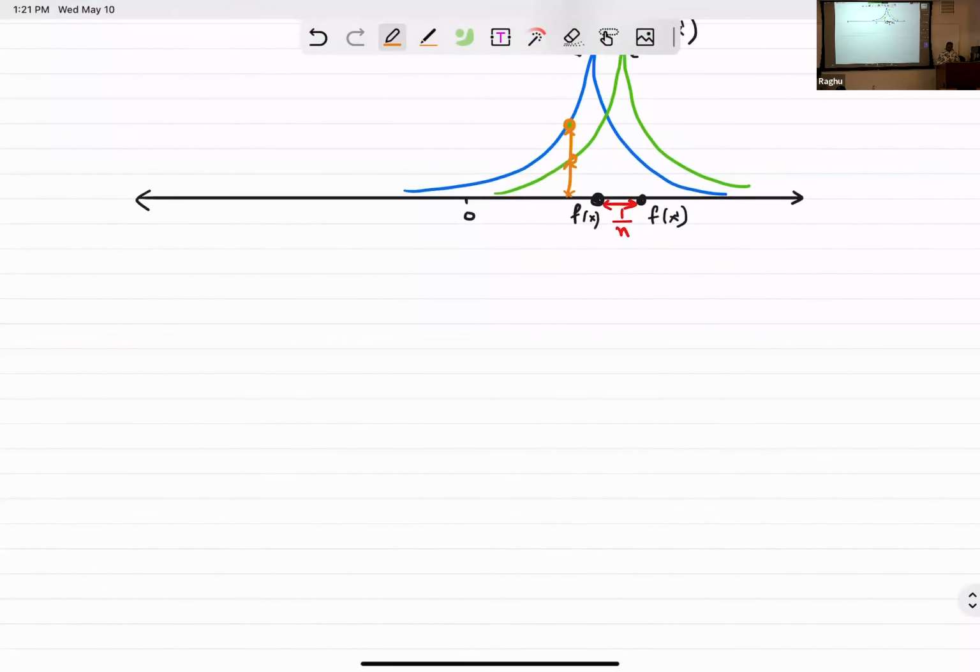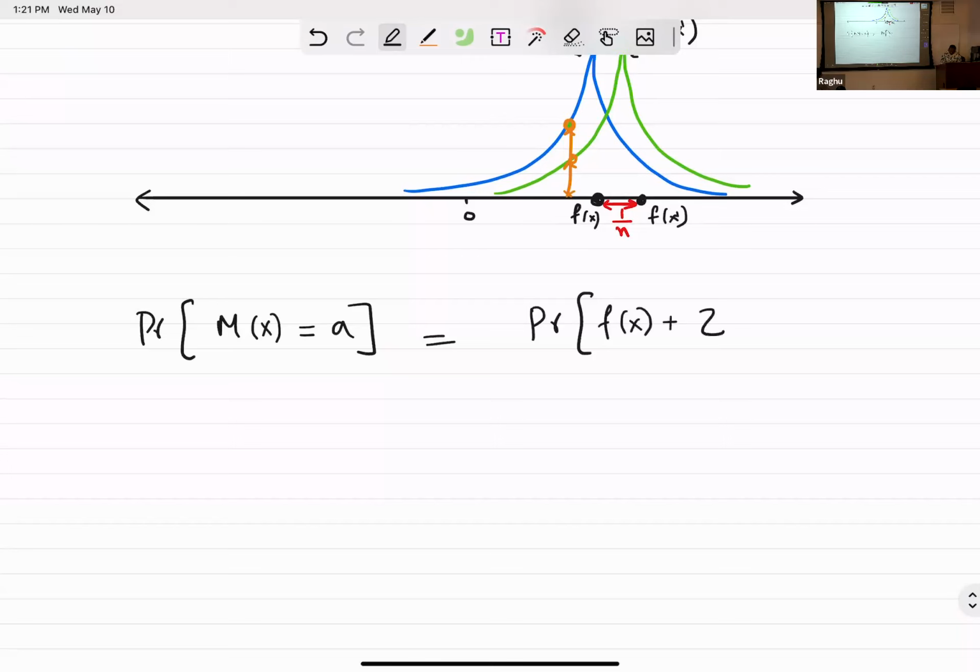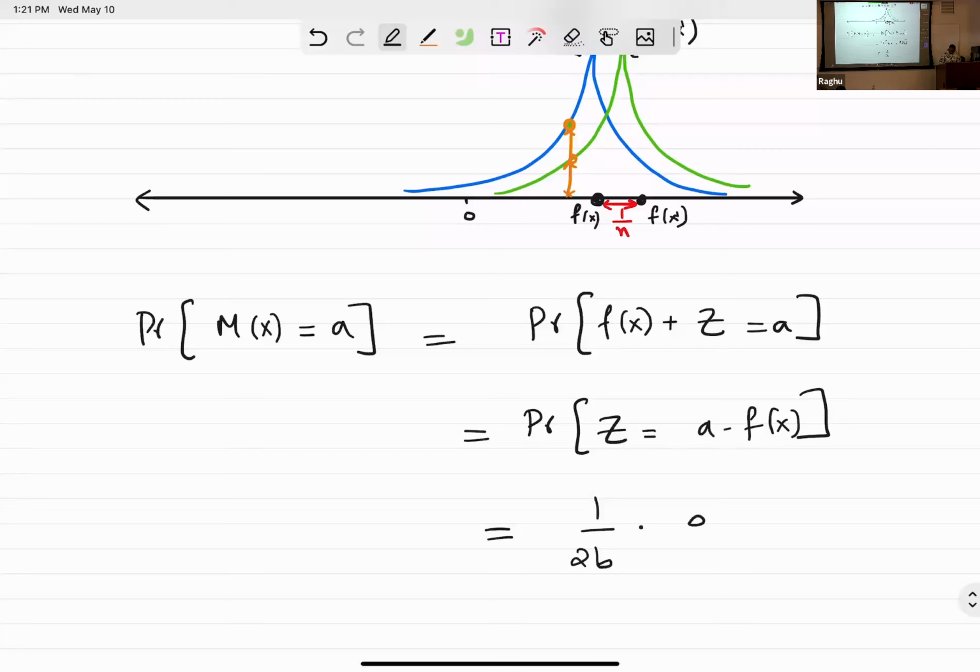So in particular, we can exactly compute everything. So the probability that m of x equals a is the probability that, right, which is 1/2b times e to the minus. This is by the definition of the Laplacian distribution.